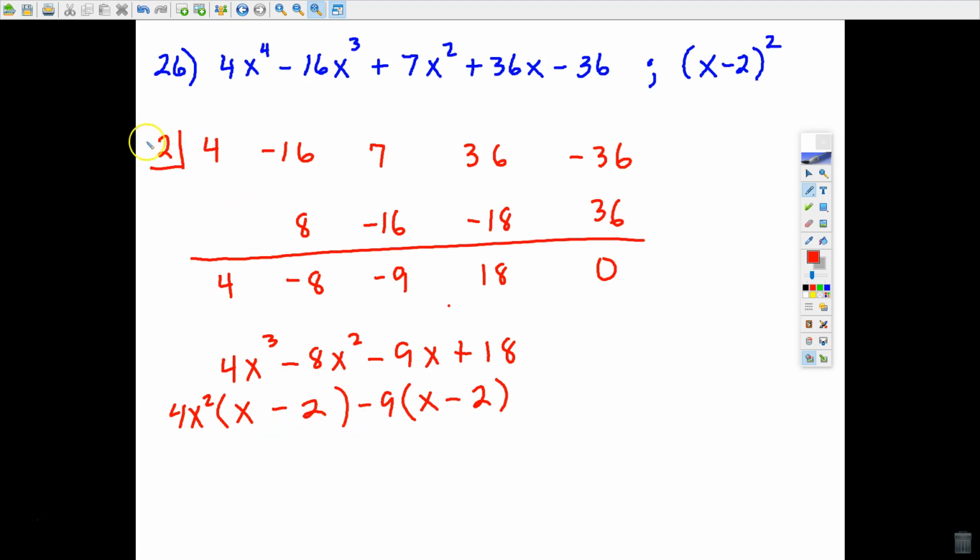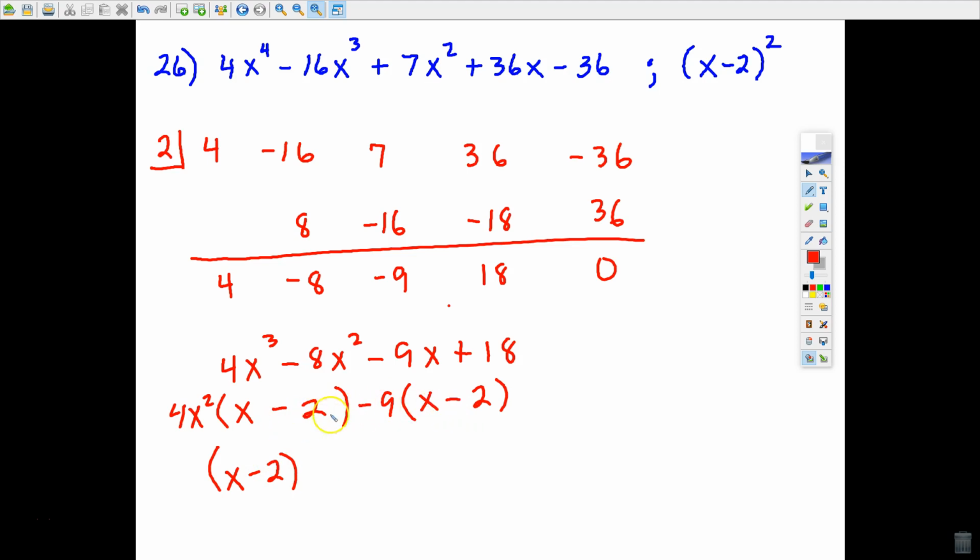Do you notice how I'm told that x minus 2 twice is a factor? So we've already proven x minus 2 is a factor once because we used regular 2 and we got a remainder of 0. Well, now we've proven that x minus 2 is a factor again, because remember how we write the answer to factoring by grouping.